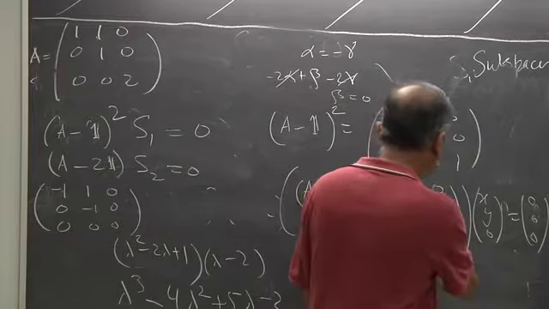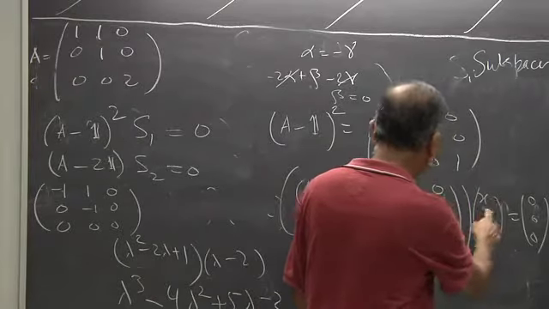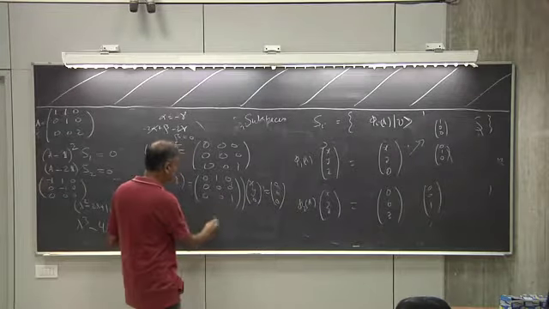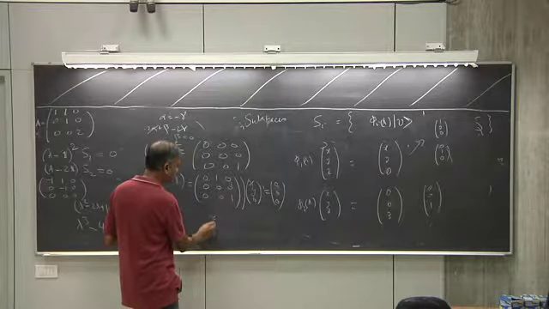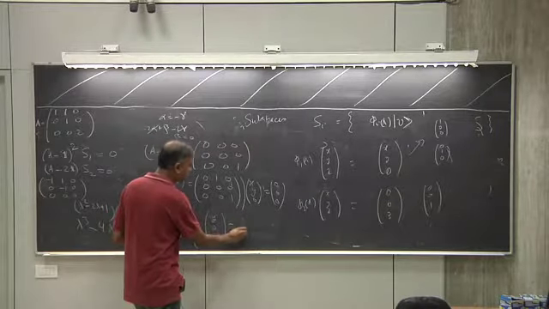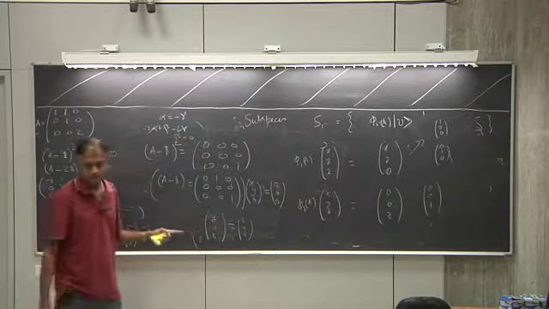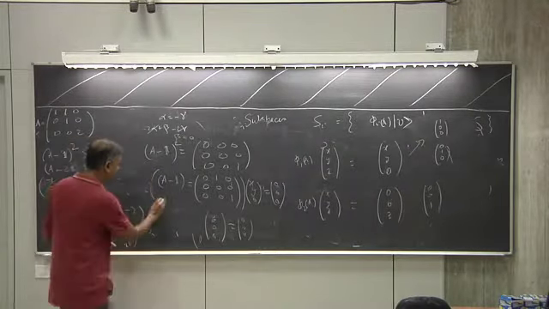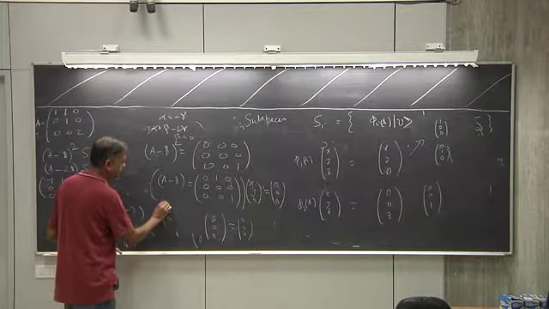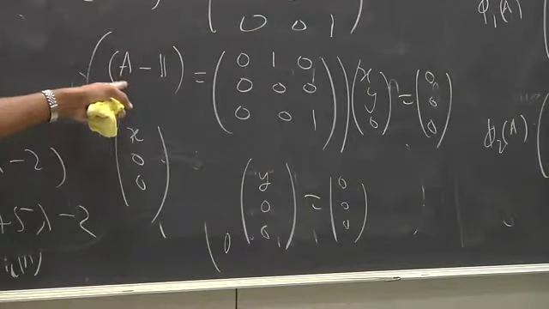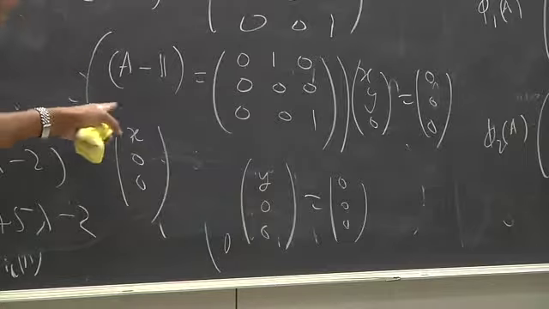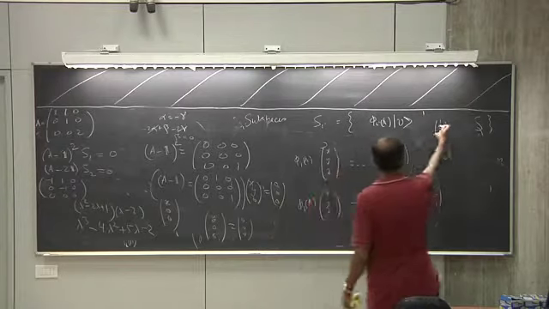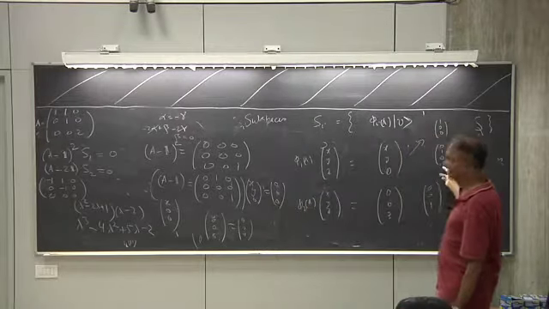So you see that this equation, just multiply that, this gives you y, this gives you 0, and that gives you 0. That's equal to 0, 0, 0. So that means y must be 0. So the ordinary eigenvector is this 1, 0, 0, or x, 0, 0. That doesn't matter. This is the ordinary eigenvector. But that's only one of them, right? What happens to the other guy?